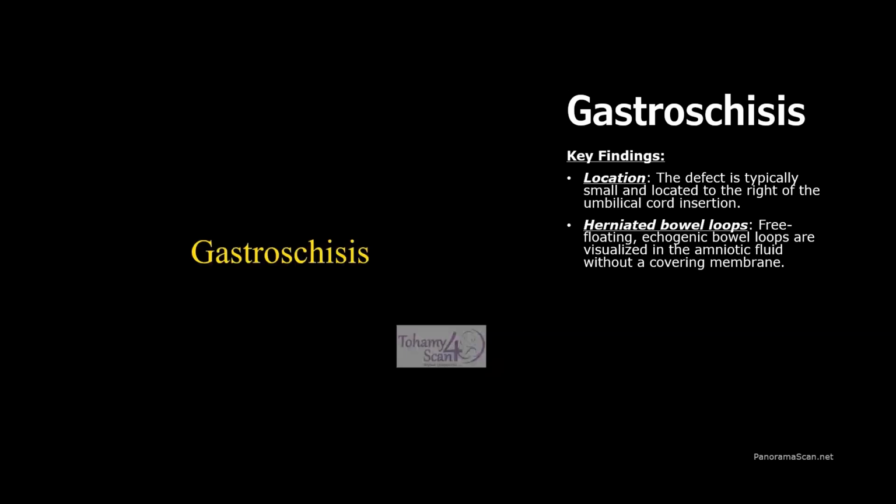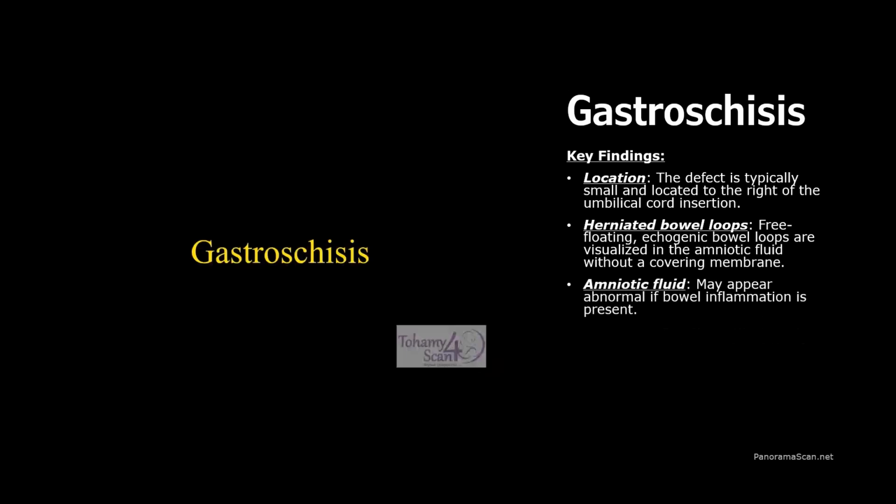In such cases, several key features can be identified on ultrasound. The defect is typically small and located to the right of the umbilical cord insertion, often making it easier to differentiate from other abdominal wall defects. You will observe free floating echogenic bowel loops in the amniotic fluid with no covering membrane. This is a distinct characteristic of gastroschisis.